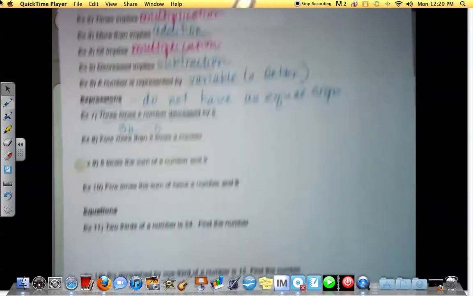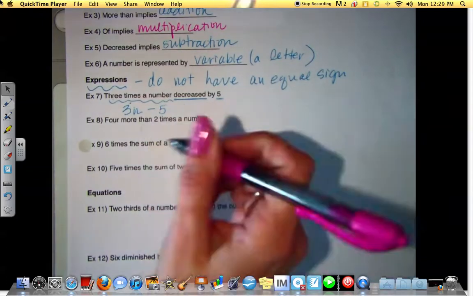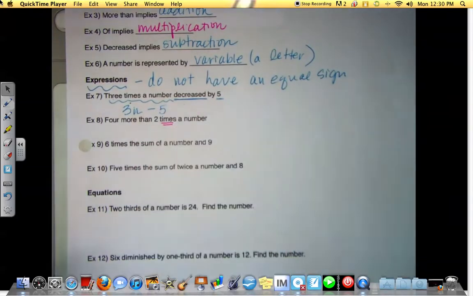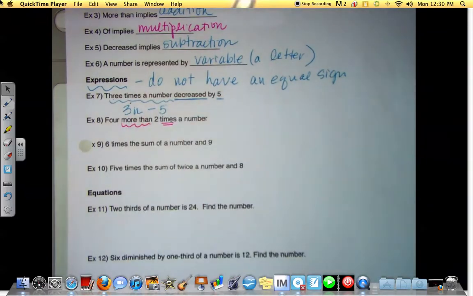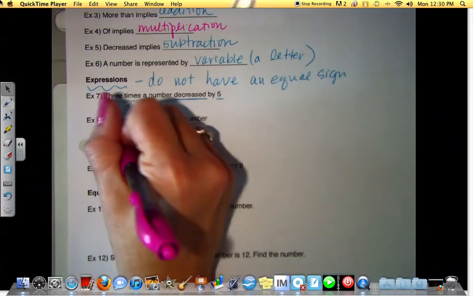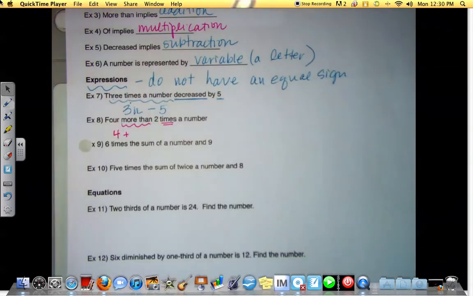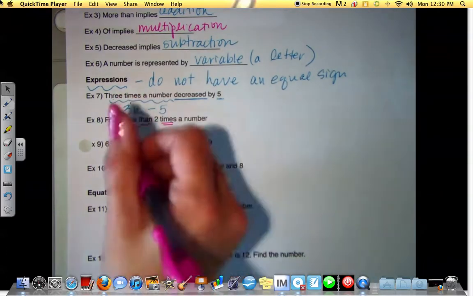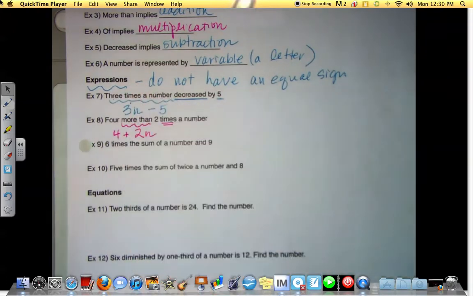Example 8: 4 more than 2 times a number. Times implies multiplication, and more than implies addition, so we have 2 operations going on. We have 4 more than 2 times a number, 2n.